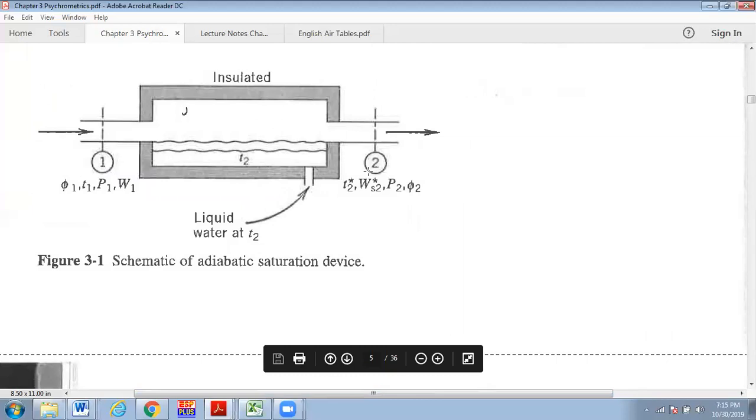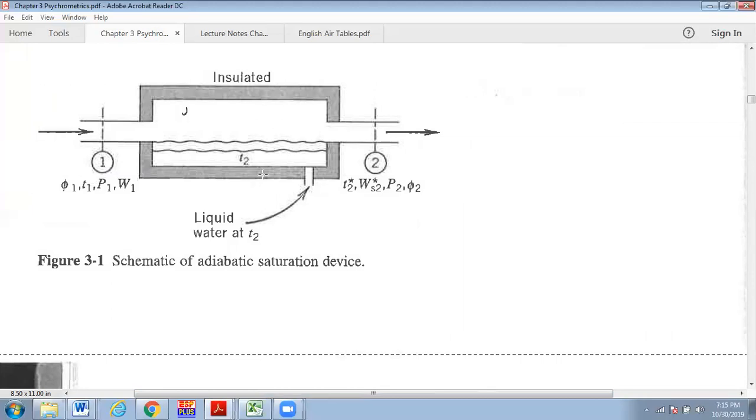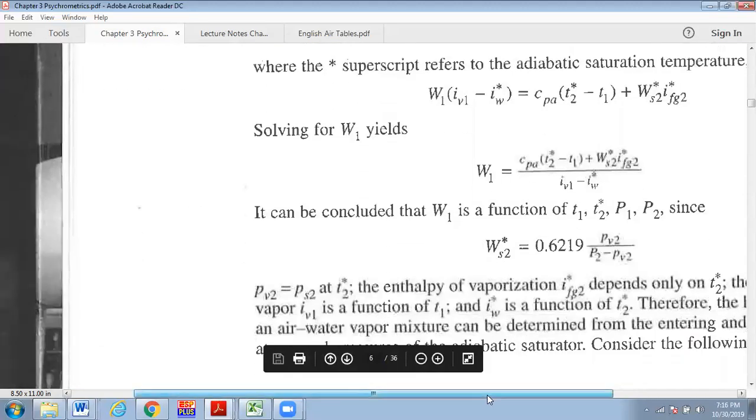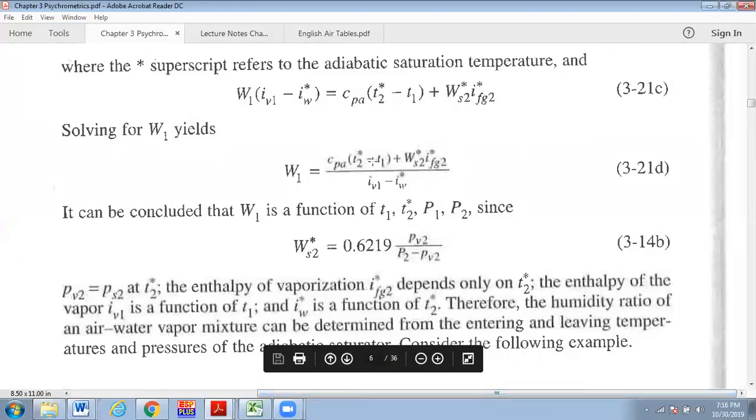Other than that, if it's not saturated, T2 will be less than T1, because the wet bulb is almost always less than the dry bulb. So when I punch this up on a problem, I always check myself to make sure this first term is negative. The rest of the terms won't be.